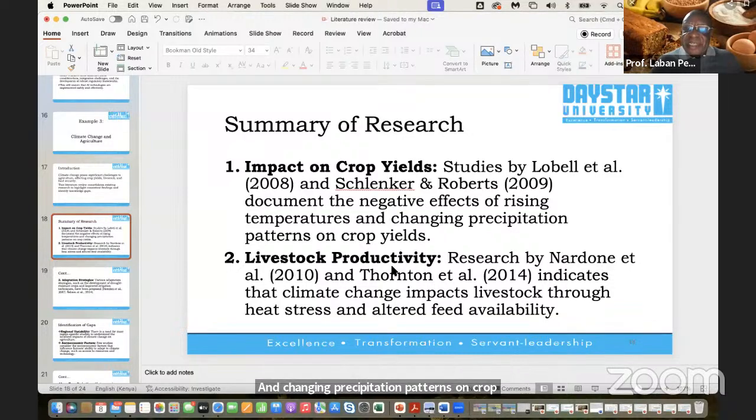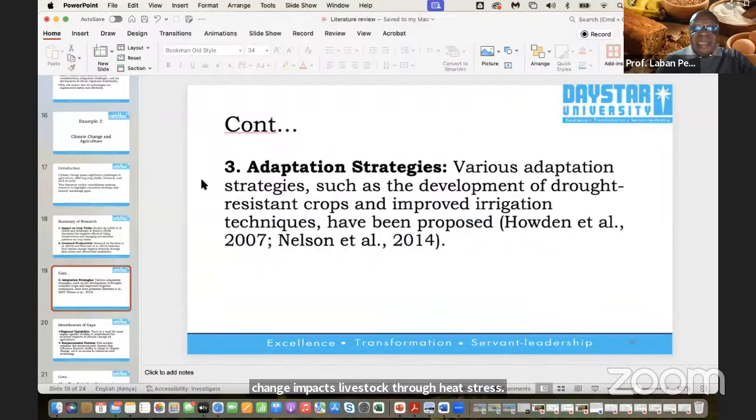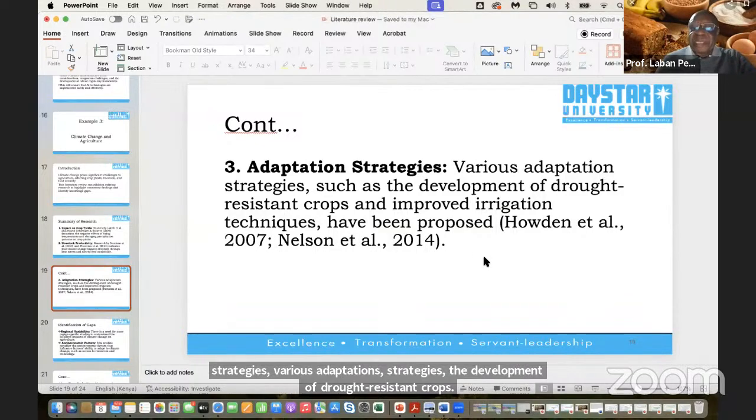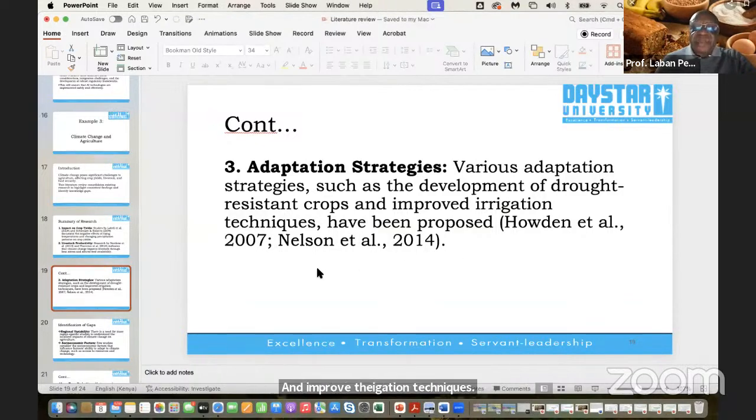Livestock productivity, research by Nardone et al. 2010 and Thornton et al. 2014 indicates that climate change impacts livestock through heat stress and altered feed availability. Adaptation strategies, various adaptation strategies such as the development of drought-resistant crops and improved irrigation techniques have been proposed. Howden et al. 2007 and Nelson et al. 2014.